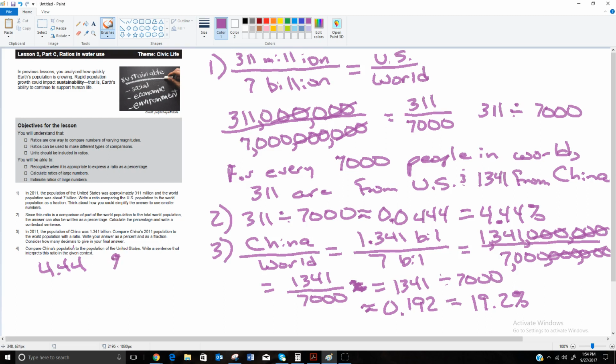So if we were to compare the 4.4% to the 19.2%, this is more than 5 times as much. I'm sorry, that's not more than 5 times. It's more than 4 times as much. So if we think of this as not quite 5%, and this is not quite 20%, 5 times 4 would be 20%. So it's more than 4 times as many people live in China as in the U.S.